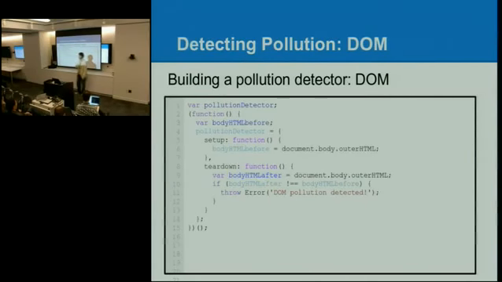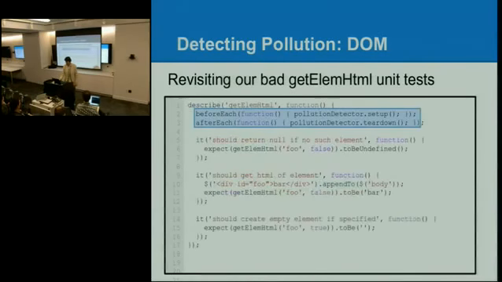And we store it all as one big string. In teardown, we likewise grab a snapshot of the document outer body, and we compare it to what our snapshot was before. And then we throw an error if it was broken, if the two differ in any way. We will add pollution detector setup to run before every unit test. We'll run pollution detector teardown after every unit test.